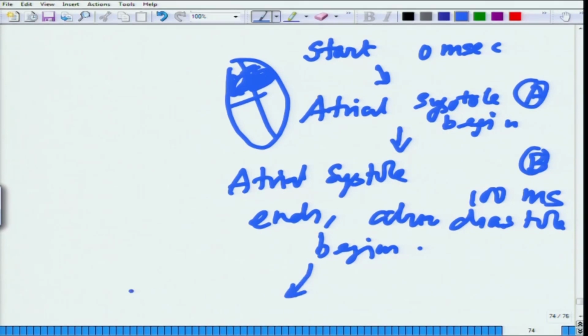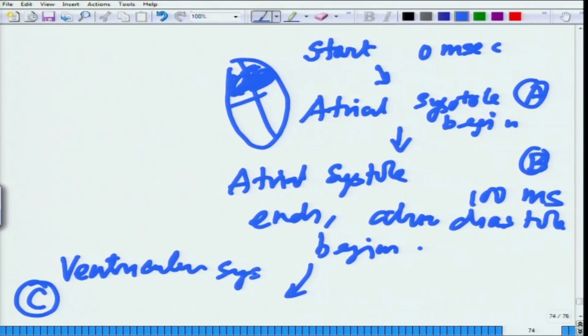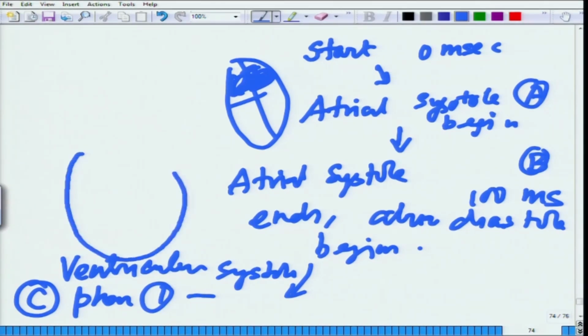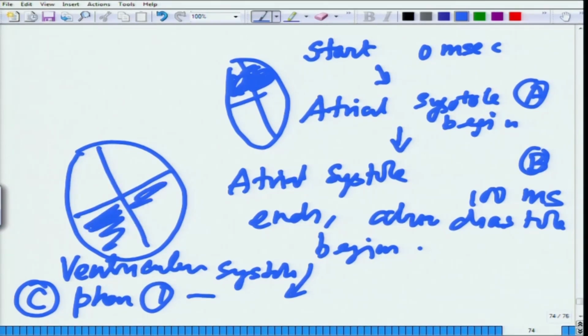And phase 3 is C, that is, ventricular systole begins, phase 1. This is the time when the blood has moved out from the atrium, and this is all over this place, what I have shaded just now.